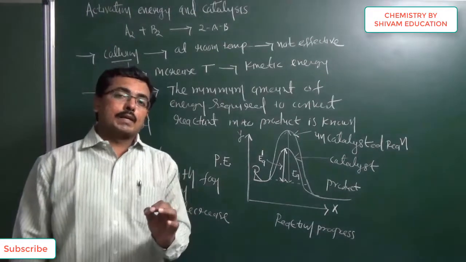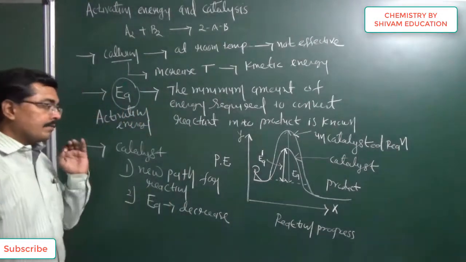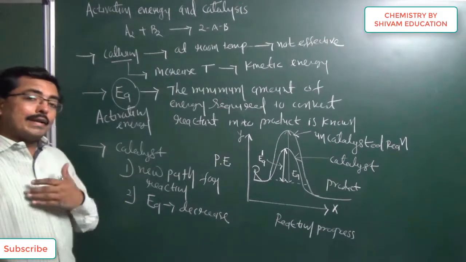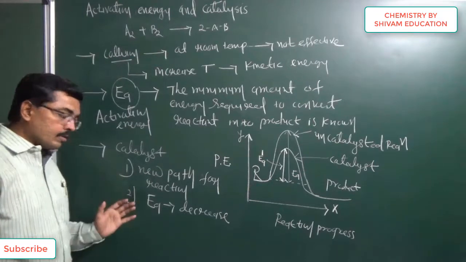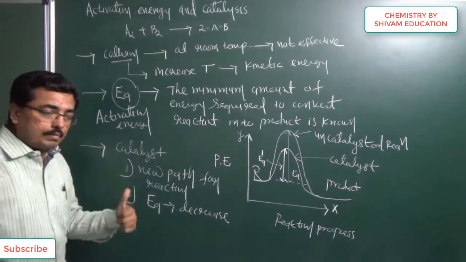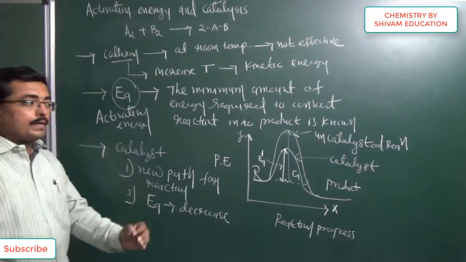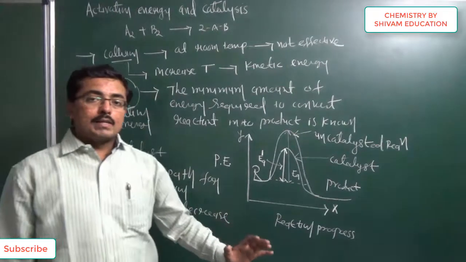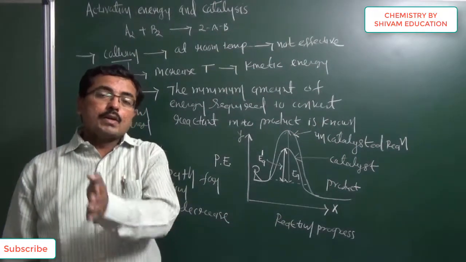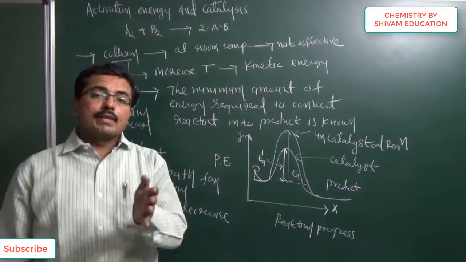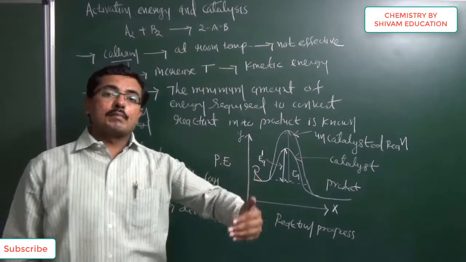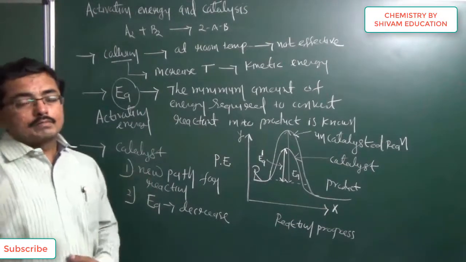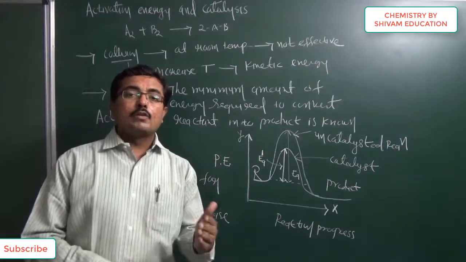By use of catalyst, an alternative way is obtained, and because of this the activation energy for the chemical reaction decreases and the reaction is completed in a short time. Therefore, by use of catalyst, reaction rate will be increased and we get product in a short time, while the quantity remains unchanged.